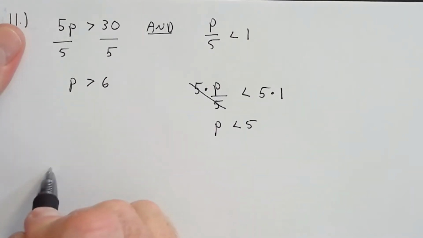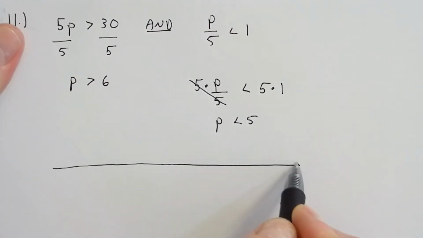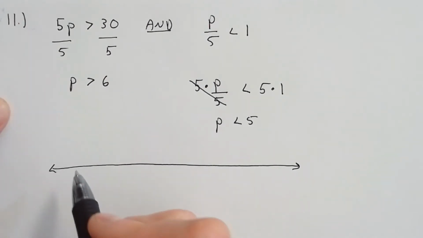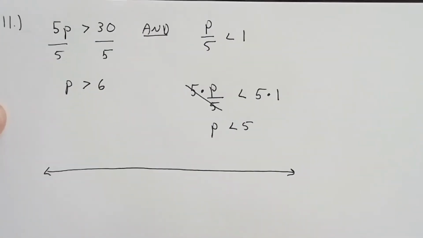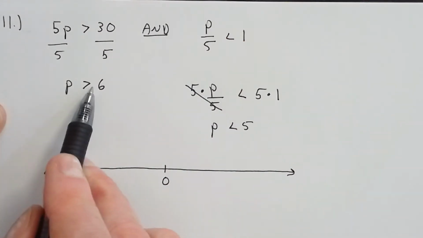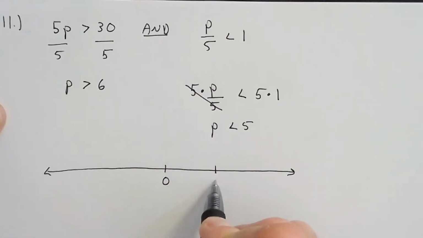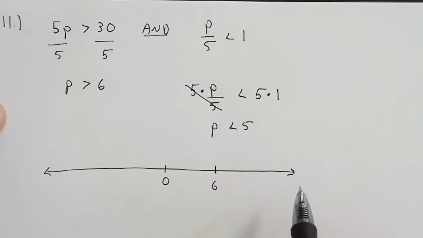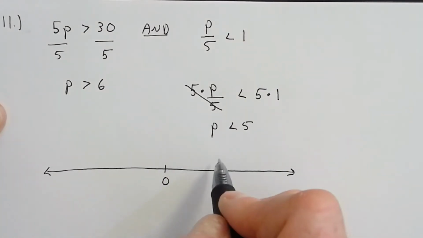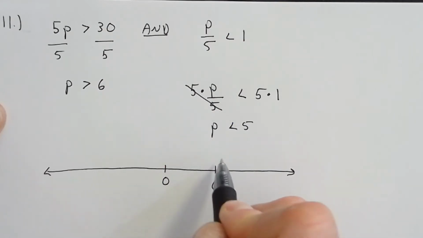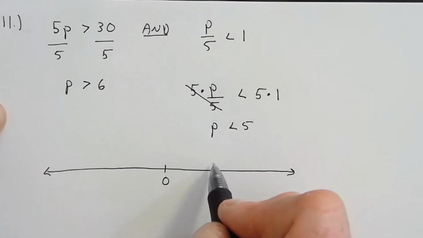Let's draw our number line. We have P is greater than 6. Open or closed circle?